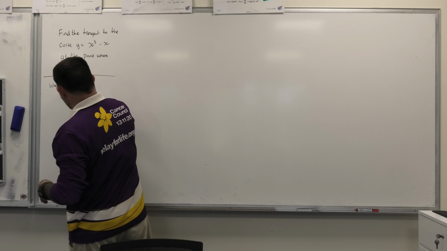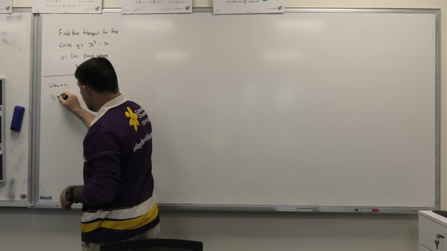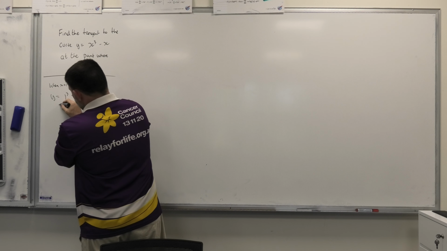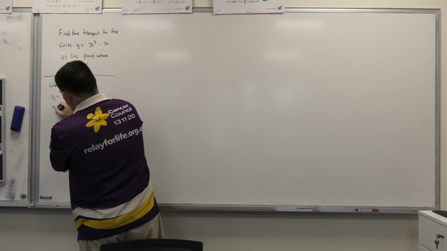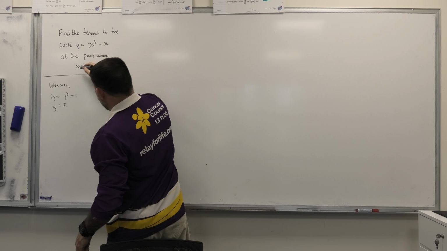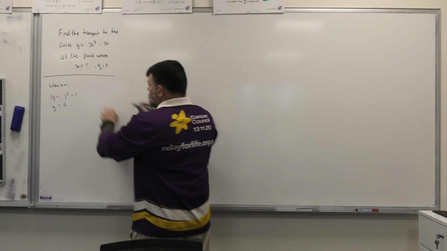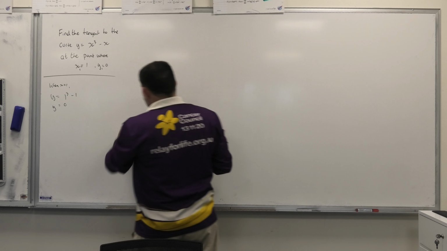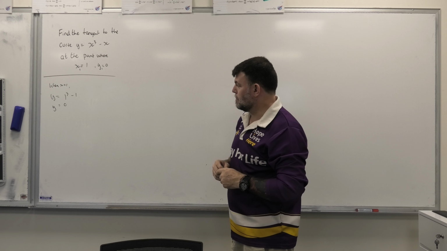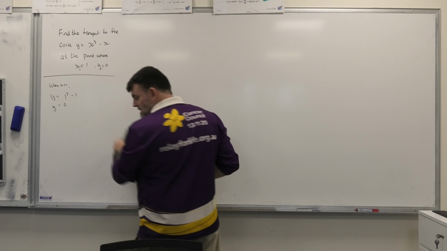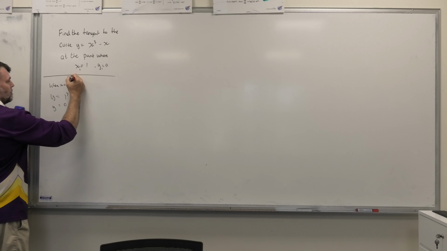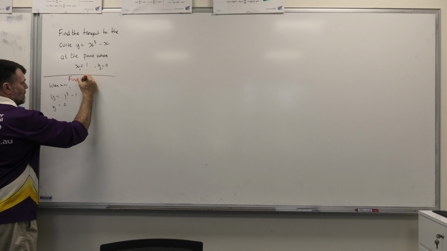When x equals 1, y would equal 1 cubed minus 1, which is equal to 0. So therefore we can write up here y is equal to 0. So when x equals 1 on that graph, at that point, y is equal to 0. So the first thing that we do is find the y coordinate.